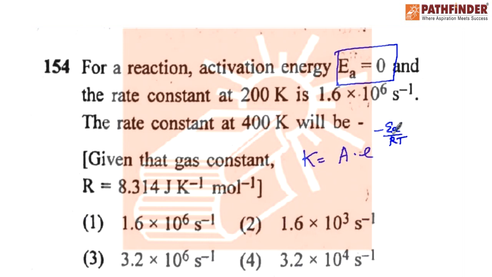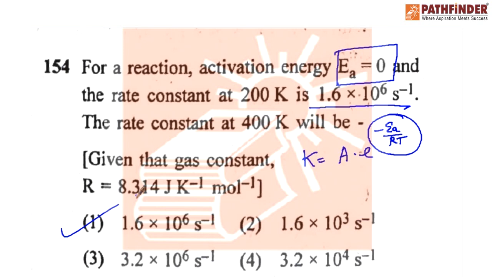EA is the activation energy, so this total value is becoming 0. E to the power 0 means 1. A is also ultimately constant. So the value of rate constant will remain constant. It will never depend on temperature. So the value of rate constant will remain as it is, and it will be 1.6 into 10 to the power 6 second inverse.